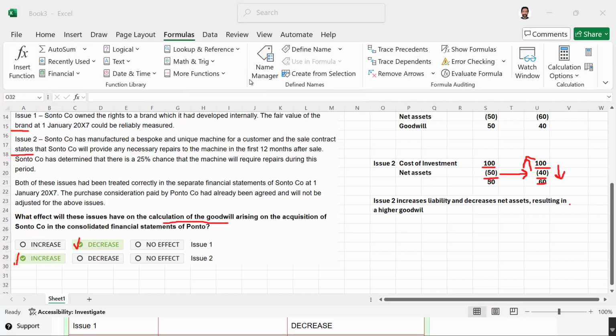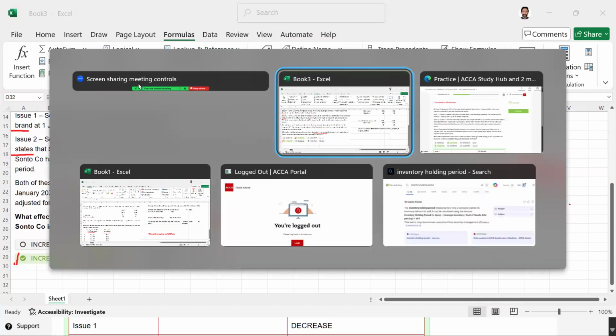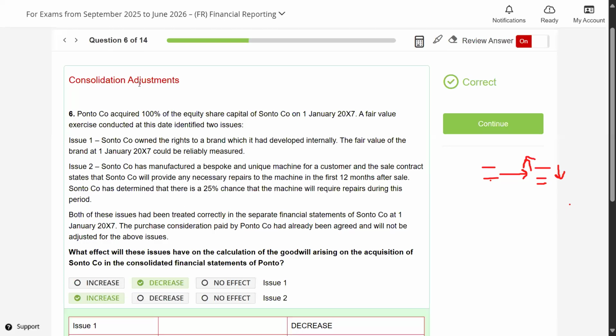Okay, so I hope we are comfortable now. Yes, sir. Thank you. Excellent. I feel like we're playing around with the net assets, because if we increase or decrease them, it affects goodwill in the end, because we are adding the investment plus the other amounts we pay, less the assets, and that gives us goodwill.